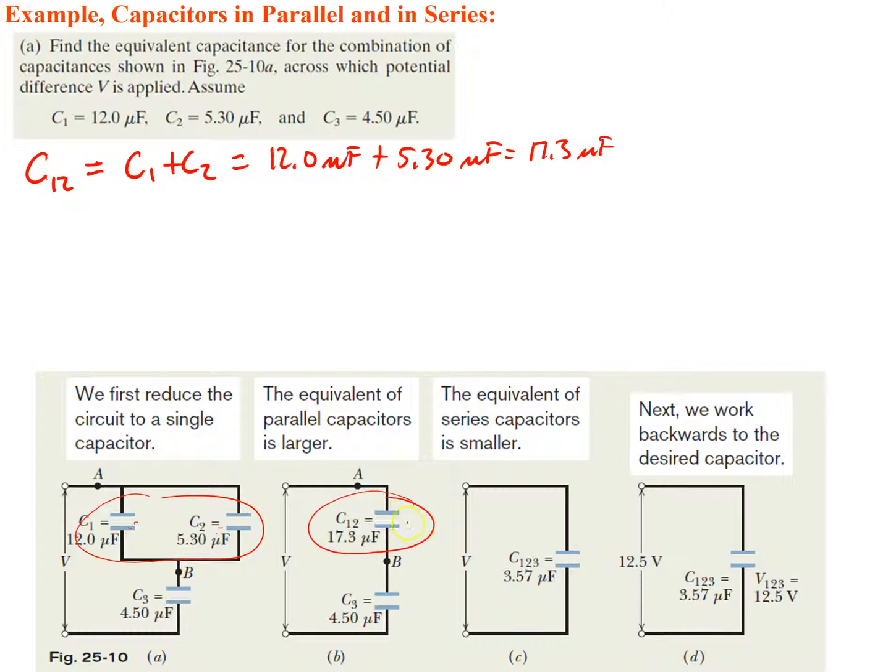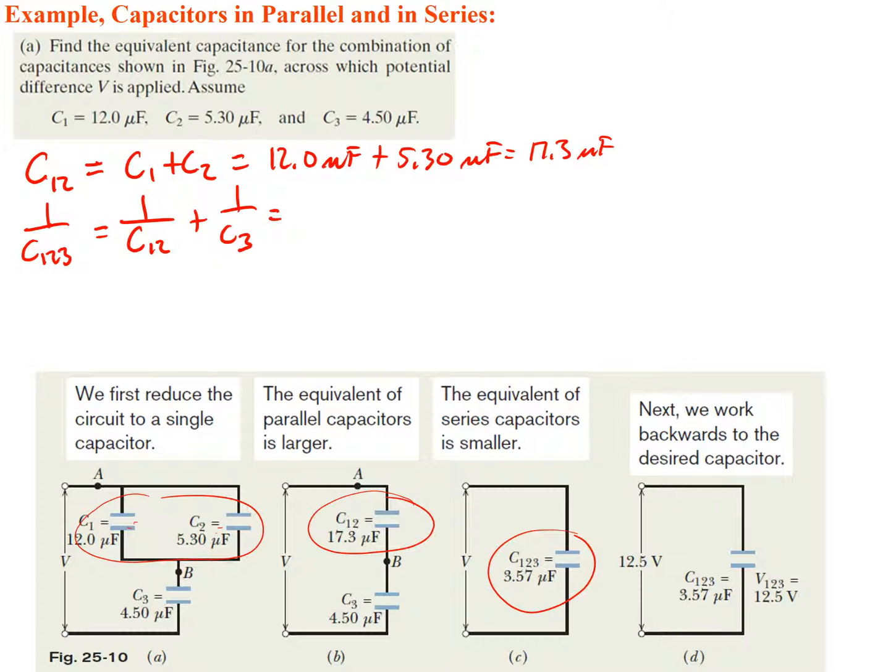So now we want to go from this to just one capacitor. To do that, we want to use the equation for capacitance in series. All right, so C123, because now we're adding C12 and C3 together. So now we're at C123. That's going to be 1 over C123 is equal to 1 over C12 plus 1 over C3.